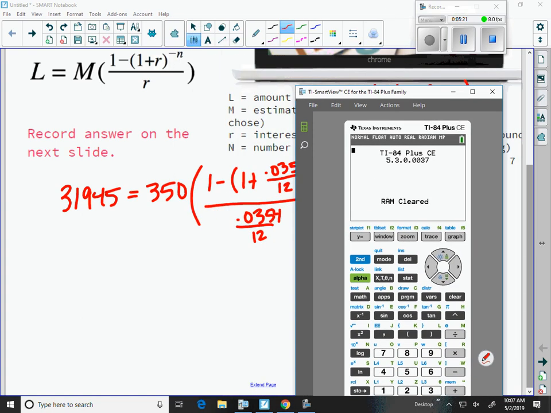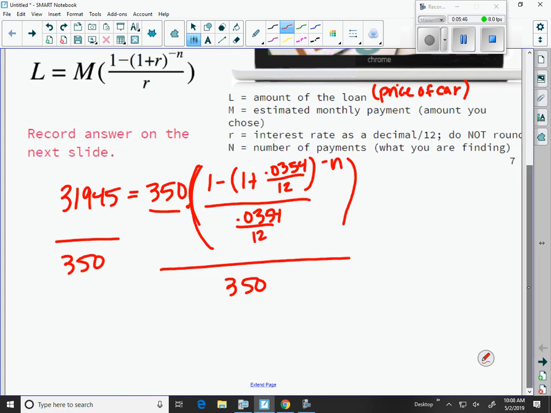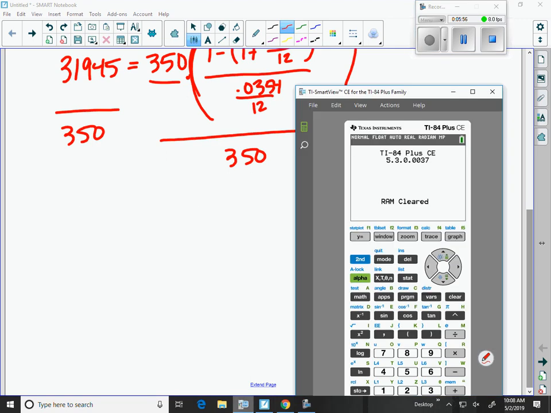Okay, so first things first. We have our big problem here. It looks super complicated, but I want you to just think of it in a simple way. We have 350 times this big parentheses here. So we're going to go ahead and just divide out our 350. Whatever that looks like for your equation, you're going to divide out that first number on the right-hand side. Okay, so on my left-hand side, let's see what I get. Where'd my calculator go? There he is.